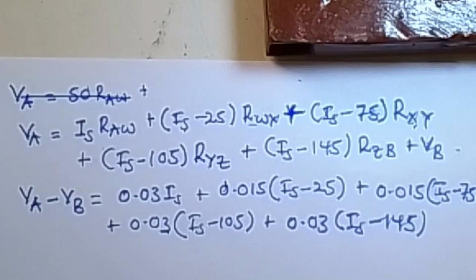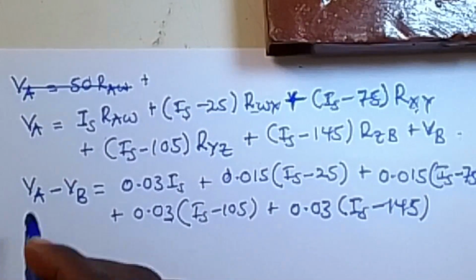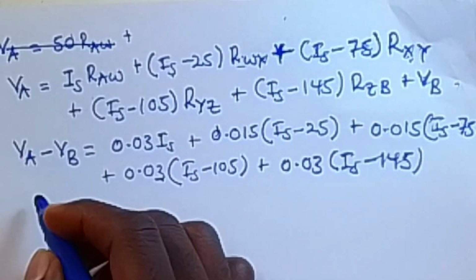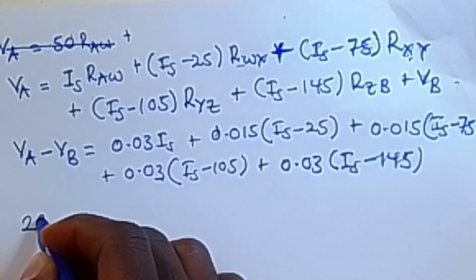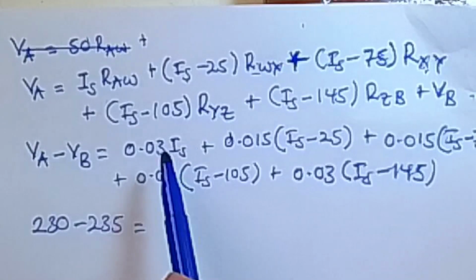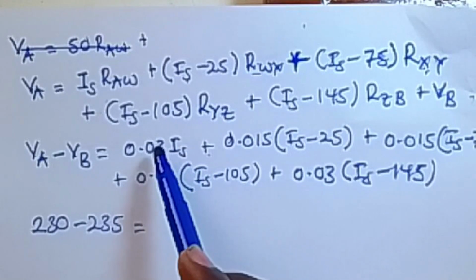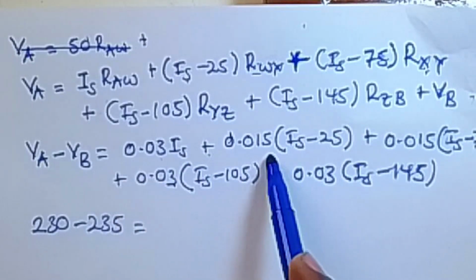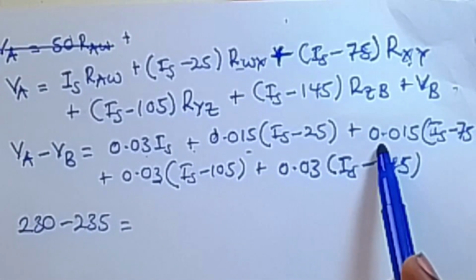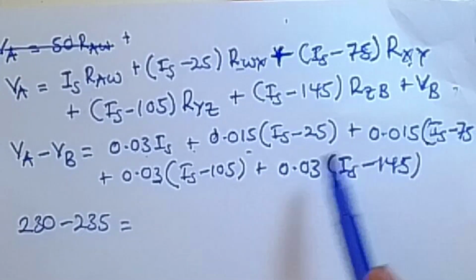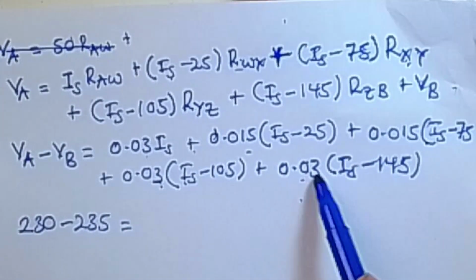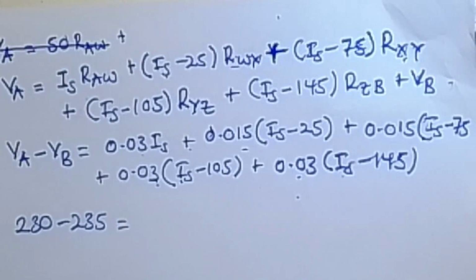So we shall simply get our 230 minus 235 being equal to, now let us sum all the IS's together. It will be 0.03 plus 0.015 times IS plus 0.015 times IS plus 0.03 times IS plus 0.03 times IS still.